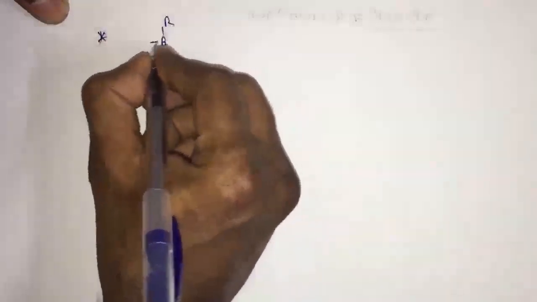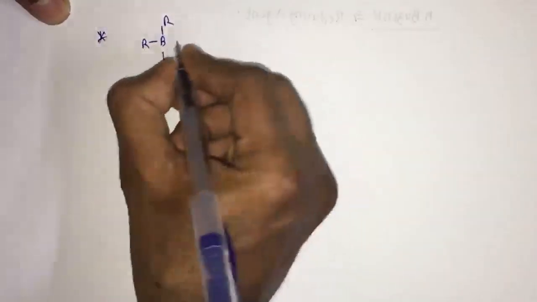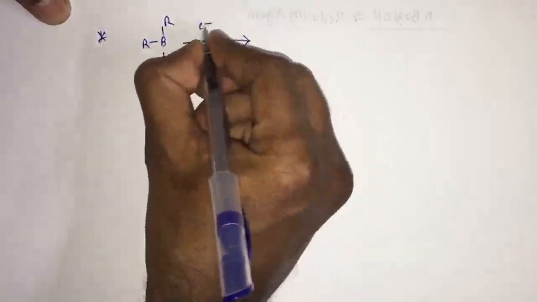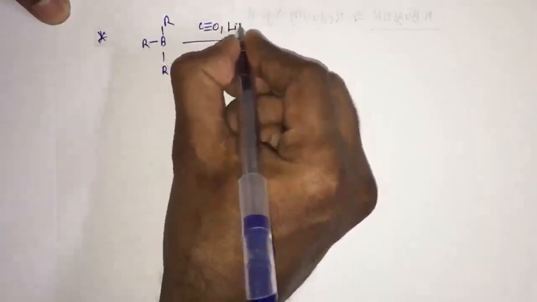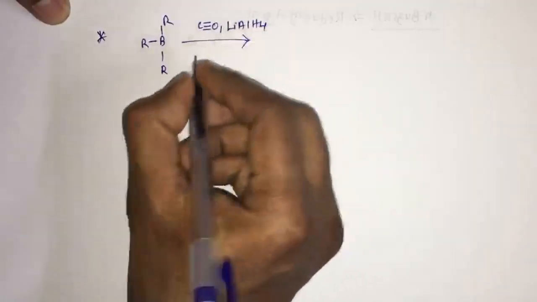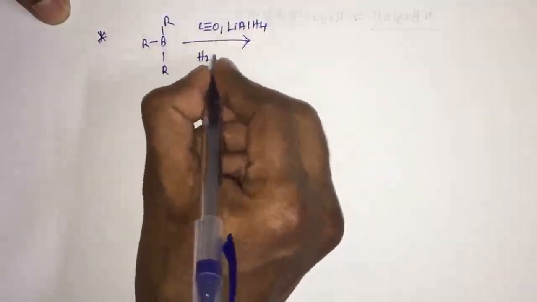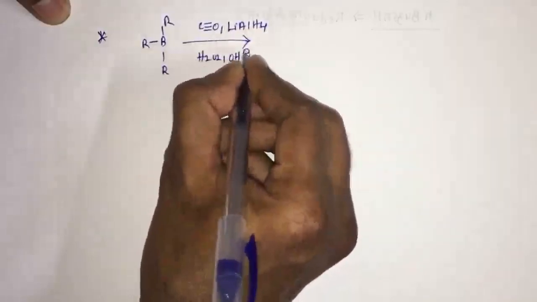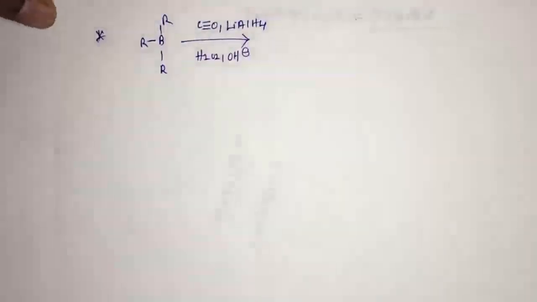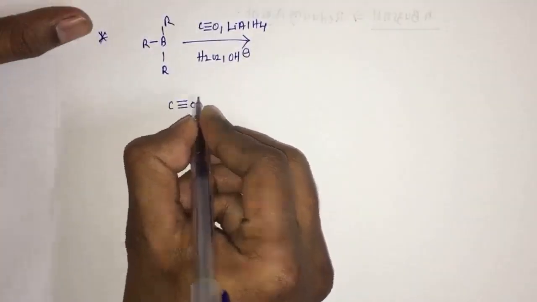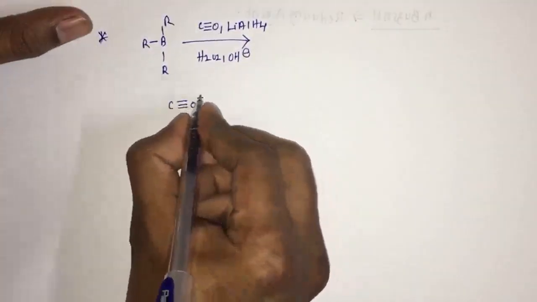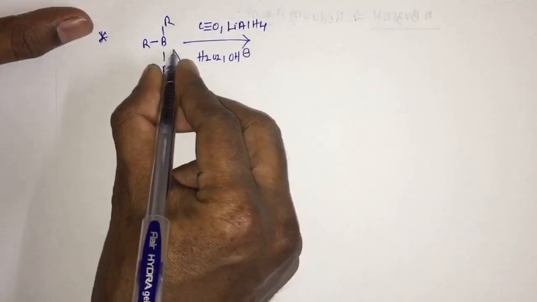Here when we have carbon monoxide and lithium aluminum hydride and H2O2 and OH minus, this is also very important. So in this case we have carbon monoxide, oxygen valence is 2, so this will be positive and this will be negative.